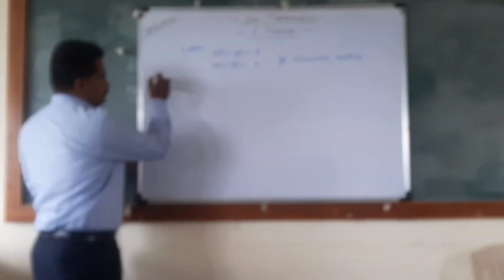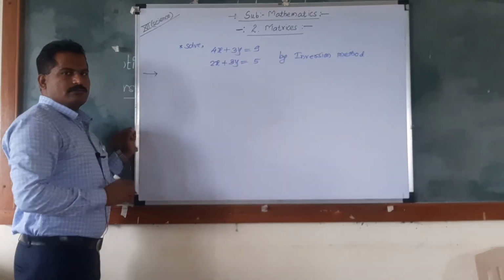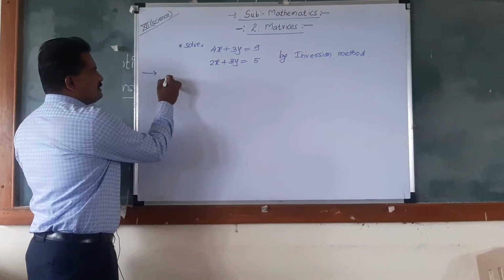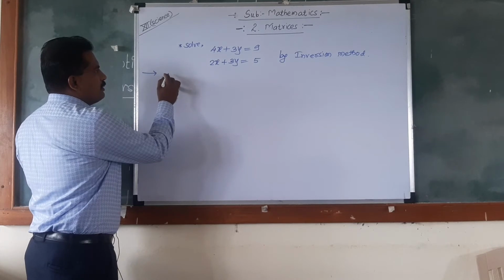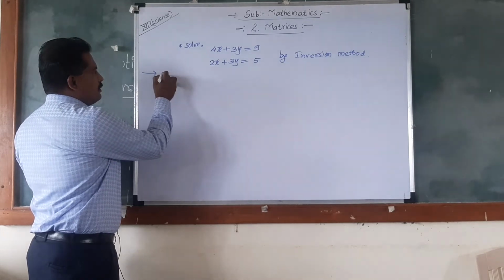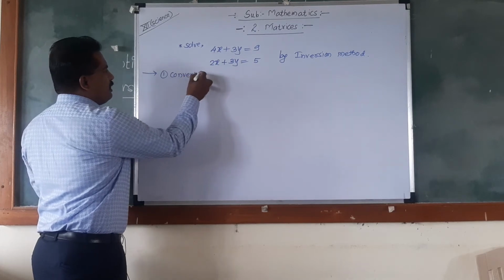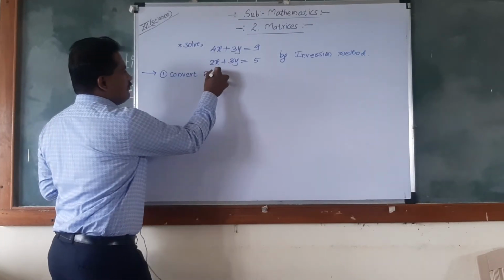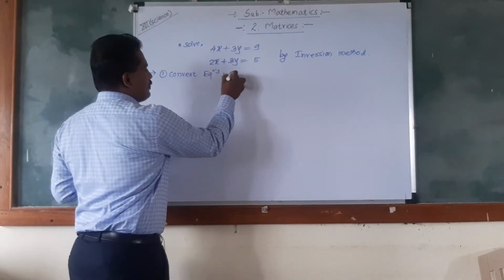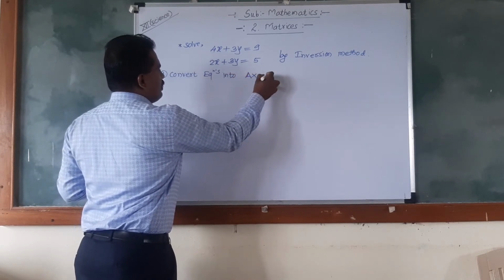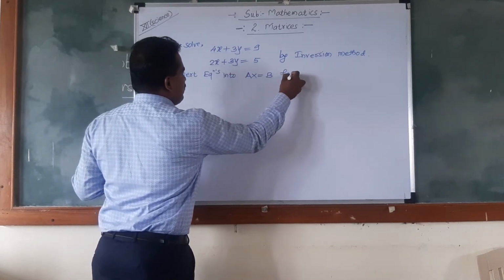Now, firstly, convert equations into Ax is equal to B form, that is matrix form.